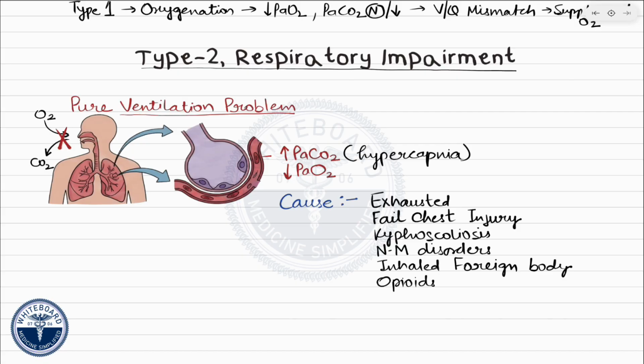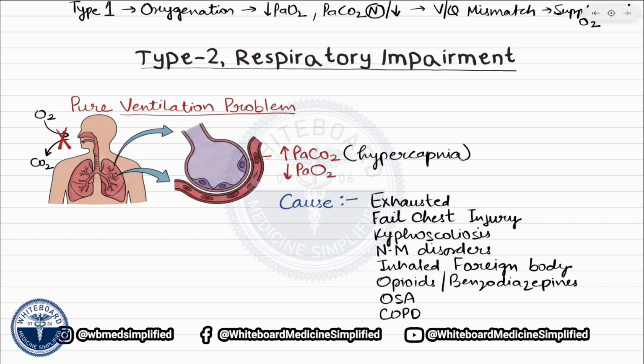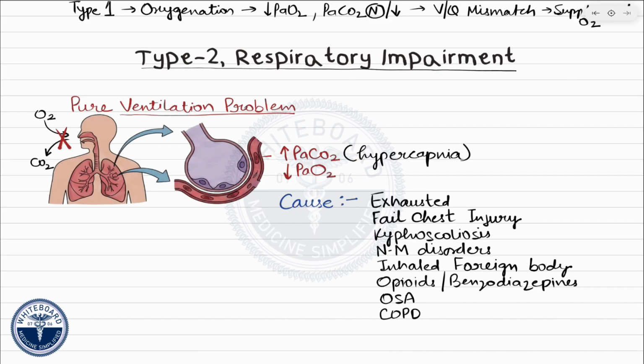Drugs such as opioids or benzodiazepines can also depress the respiratory drive. Similarly, obstructive sleep apnea can cause inadequate ventilation. Chronic obstructive pulmonary disease can also produce type 2 respiratory impairment, although COPD can lead to either type 1 or type 2 impairment depending on the situation.